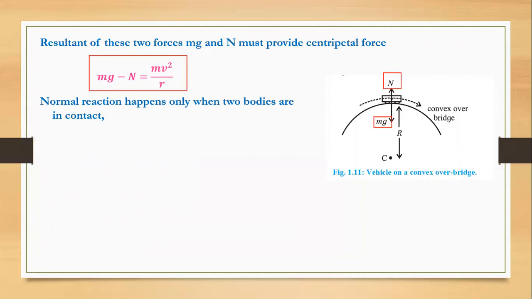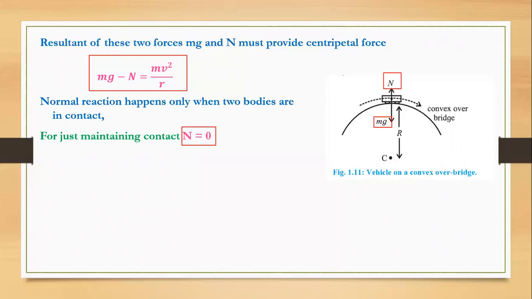To maintain the contact, normal reaction must be zero. So you can see here, for just maintaining the contact, normal reaction must be zero.